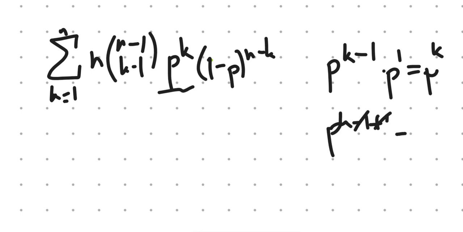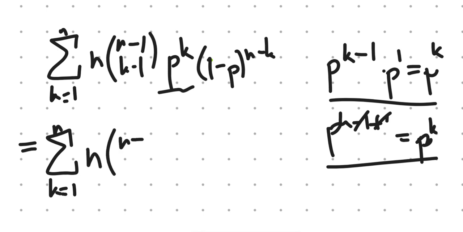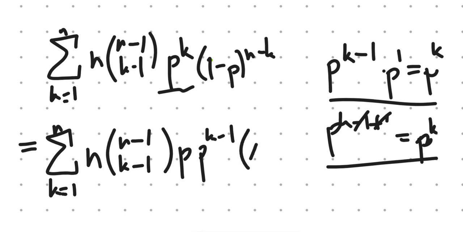The minus 1 and plus 1 go away and we get the same p to the k. That's why we can write it as the following. We are going to get the sum as k goes from 1 to n of n times (n minus 1 choose k minus 1) times p to the k minus 1 times (1 minus p) to the n minus k.